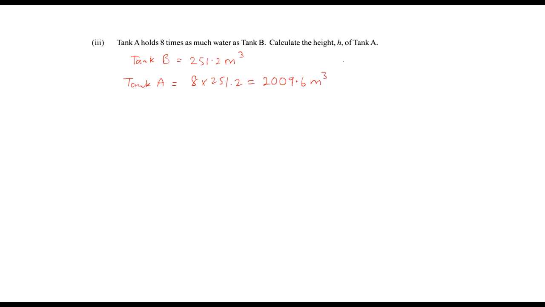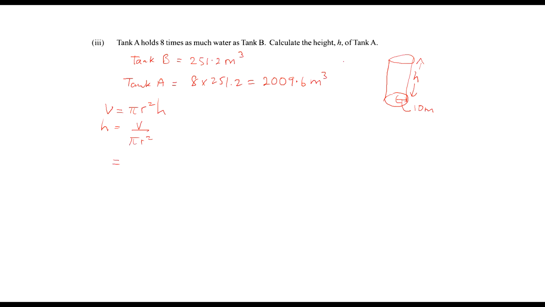of tank A. So let me just do a quick sketch here. So this is tank A. We just worked out the radius as 10 meters, and we also know the volume. So we want to find the height, so we want h. We know the volume of a cylinder is pi r squared h, and h is equal to v over pi r squared.